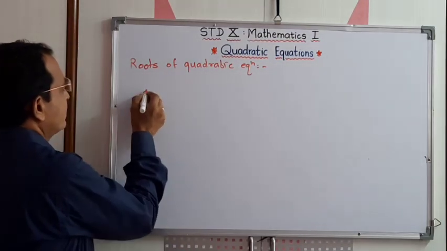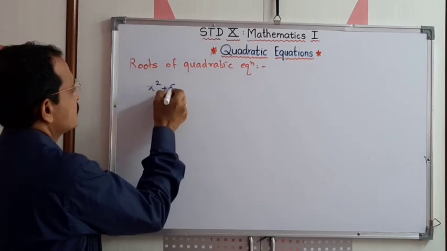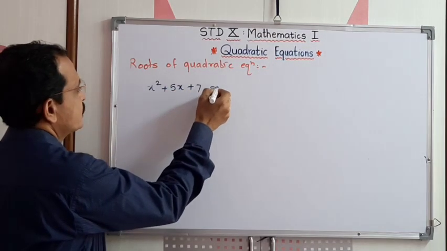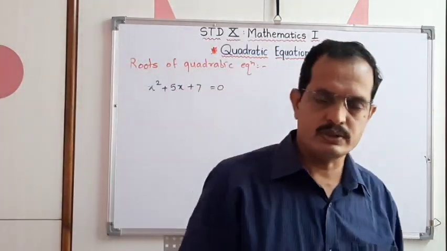Suppose I write here one equation: x square plus 5x plus 7 is equal to 0. Now this is a quadratic equation.